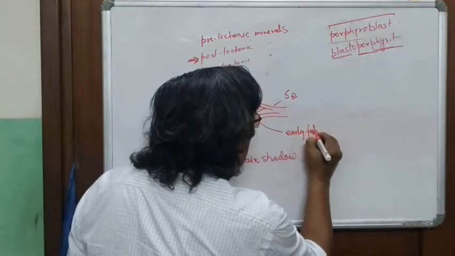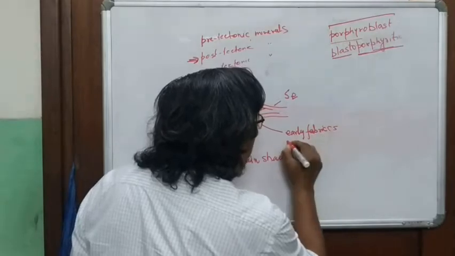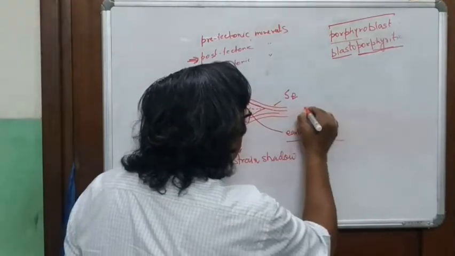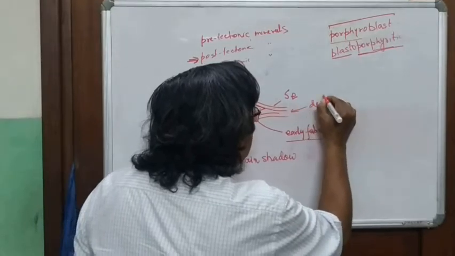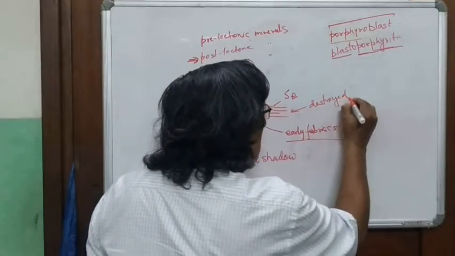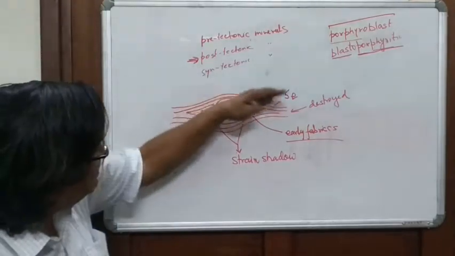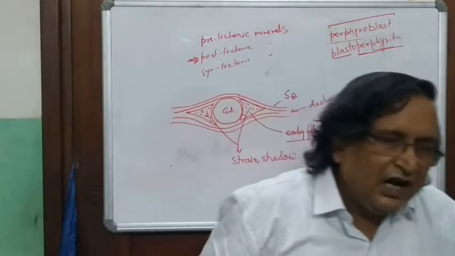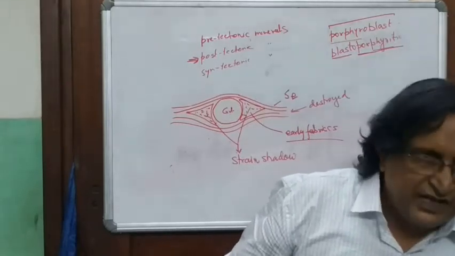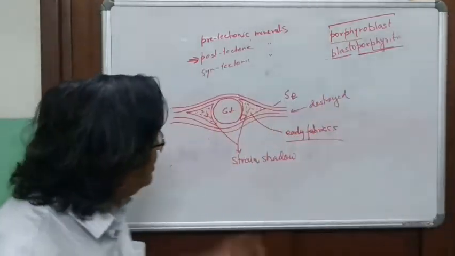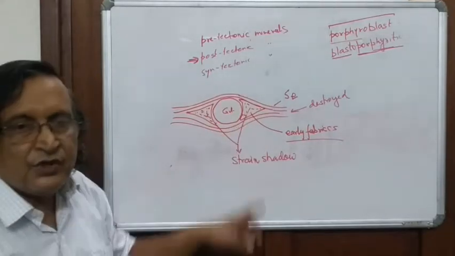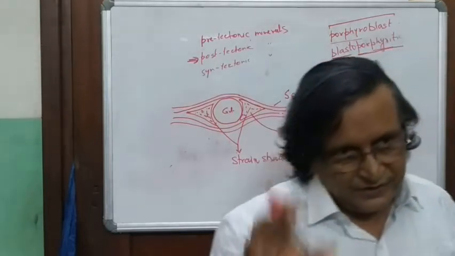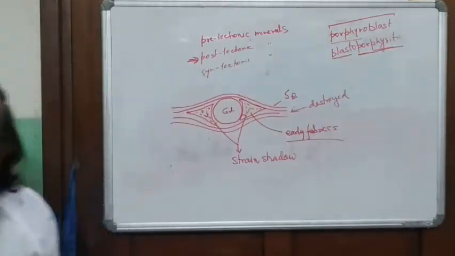The early fabrics may have been destroyed in these other parts because of tremendous flow of material. So early fabrics, as I've shown you before, may be completely obliterated and destroyed. But in these pressure shadow zones, often you find early fabrics preserved.